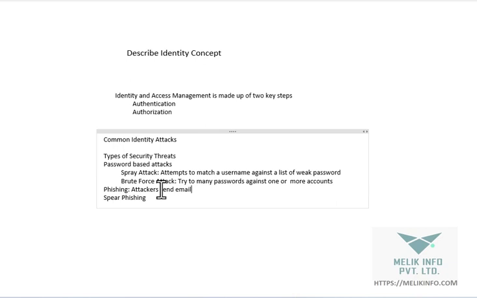The emails seem to you like they came from your CEO, your director, your managers. This can be detected easily if you are careful.